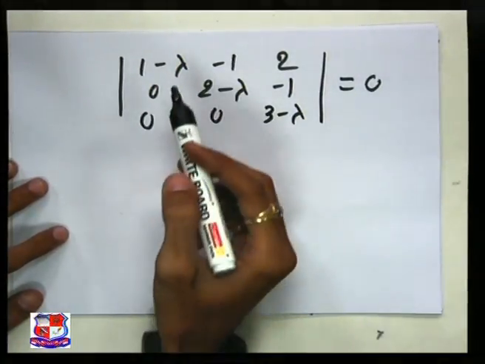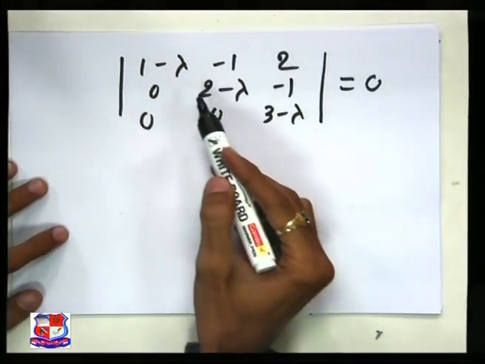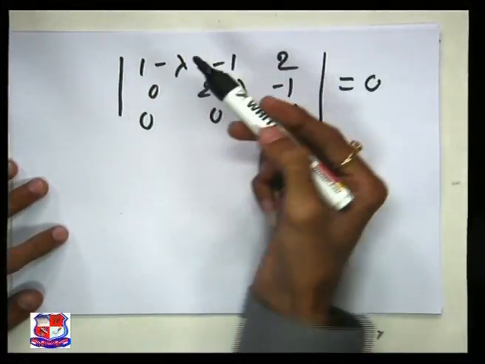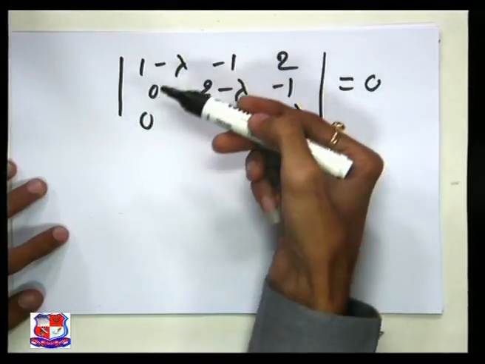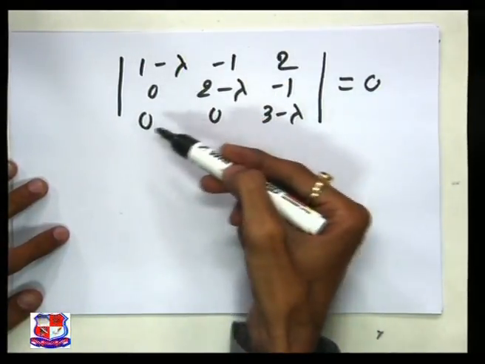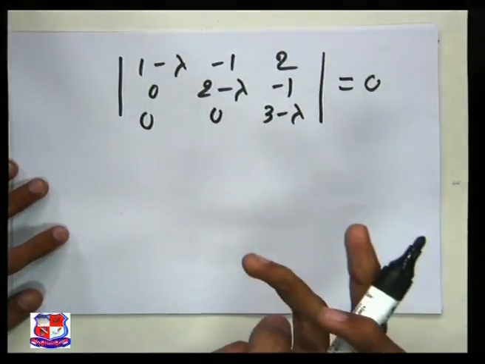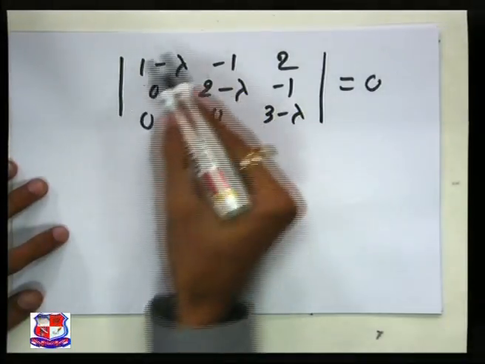Note that this is the upper triangular form, because all the elements below the diagonal are 0. So now it is quite easy to simplify.